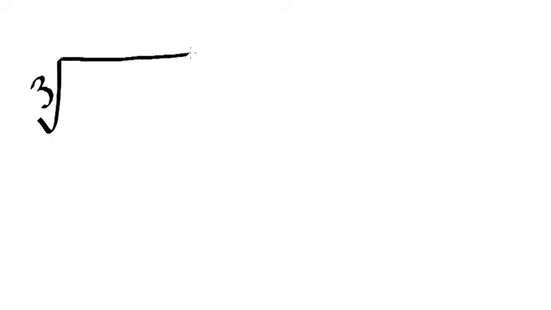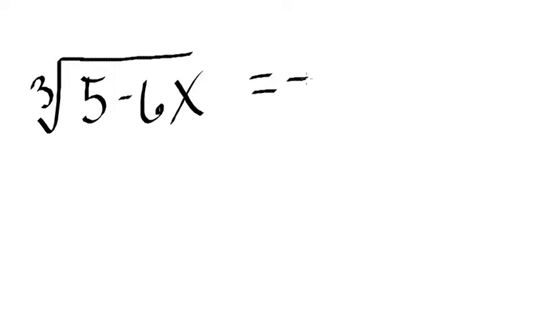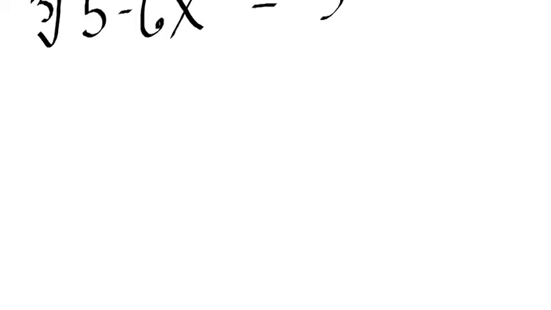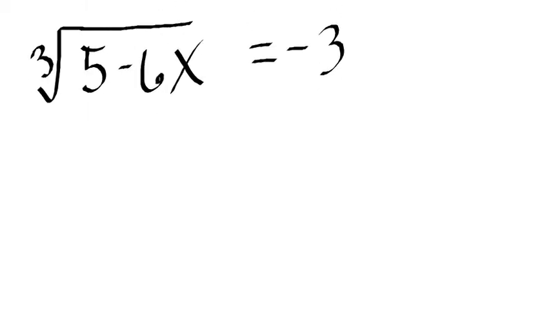We've got the third root of 5 minus 6x, and it's going to be equal to negative 3. Now this particular one here, I plugged it into a famous engine on the internet, Wolfram Alpha, and it said it had no solution. However, this does have a solution.